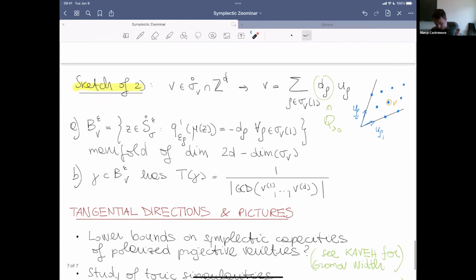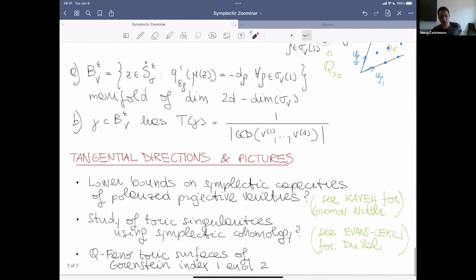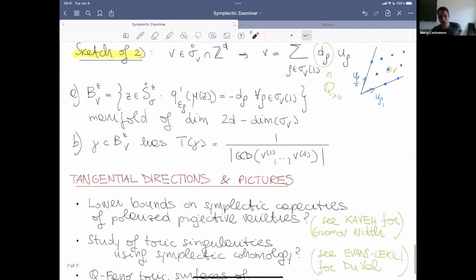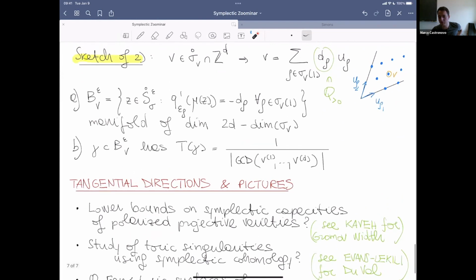And let me mention, there has been at least one result in this direction that doesn't use this construction. It precedes this work, but it uses the idea of toric degeneration to find lower bounds for capacities. Cho did find lower bounds for the Gromov width of very general projective varieties. And another direction is the study of toric singularities using symplectic homology.